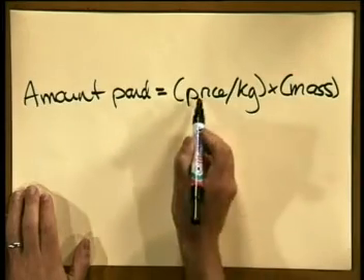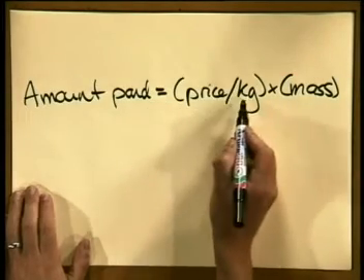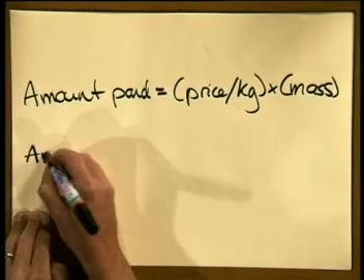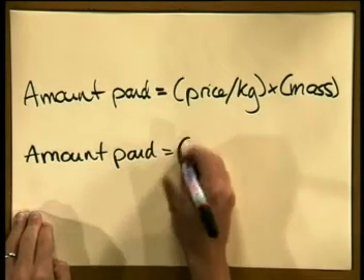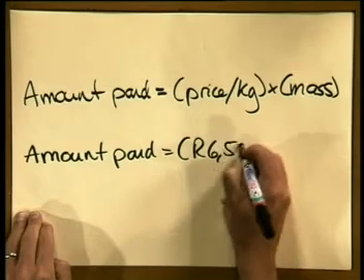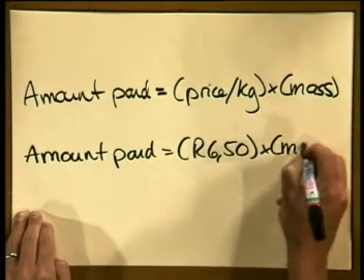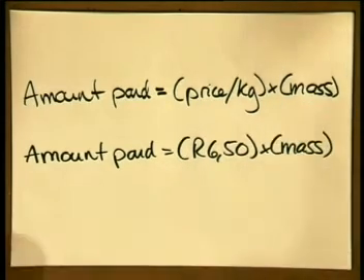But we know that the price per kilogram is actually equal to R6.50. So in other words, the amount paid is equal to R6.50 multiplied by the mass of cans.